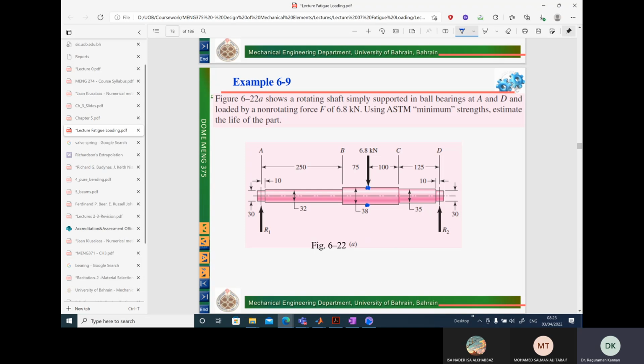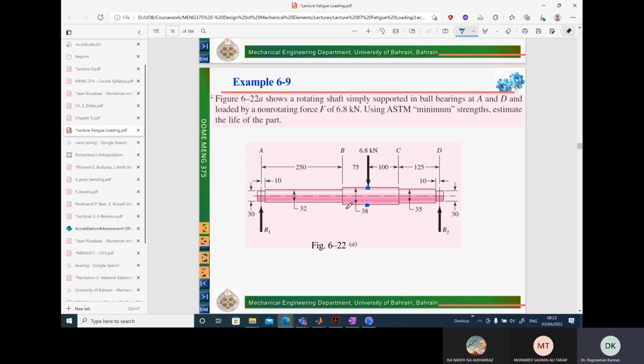The same point will come to the bottom and will be under tensile load. So it is alternately under compressive and tensile load, and the stresses are going to be equal, assuming the centroid is the neutral axis for this particular case.